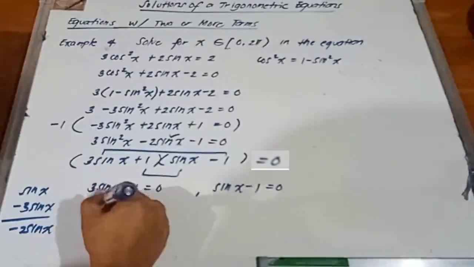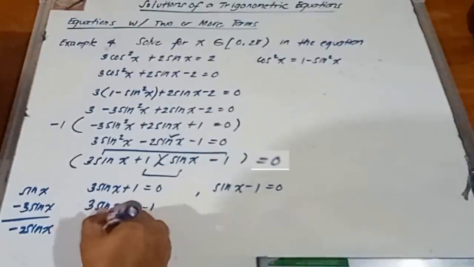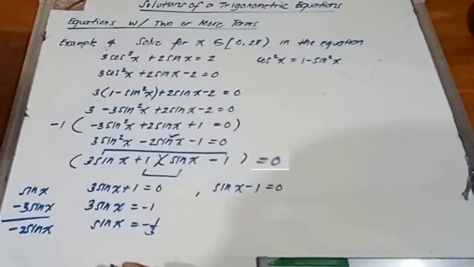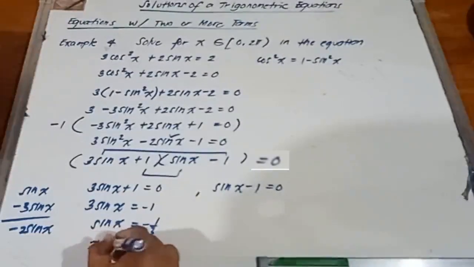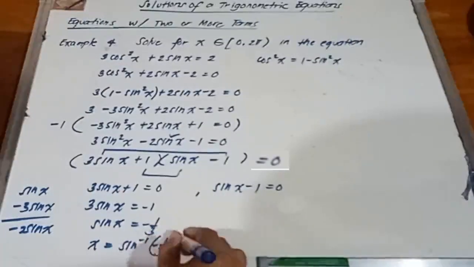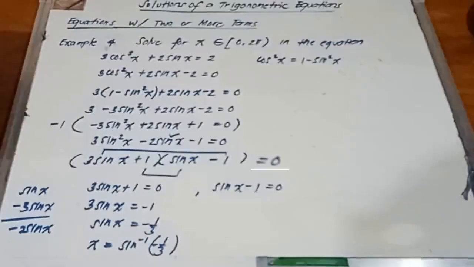Then transpose 1, 3 sine x equal to negative 1. Divide both sides by 3. Therefore, sine x equal to negative 1/3. And then, x equal to sine to the negative 1 of negative 1/3. Wala tayong special angles for sine na ang lalabas ay negative 1/3. Okay?